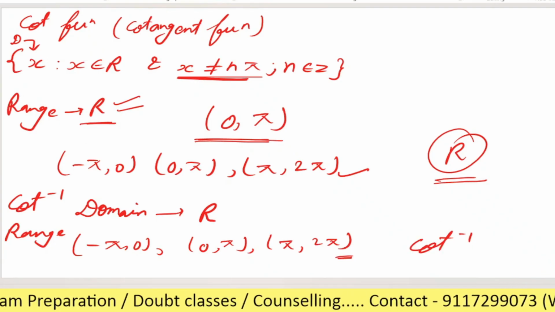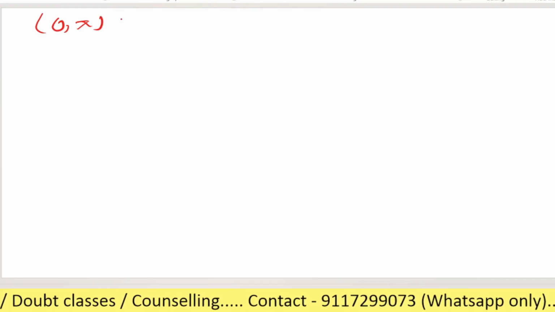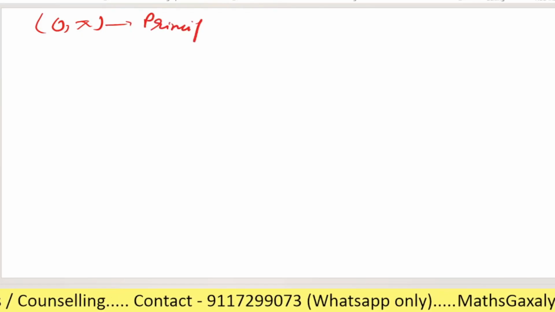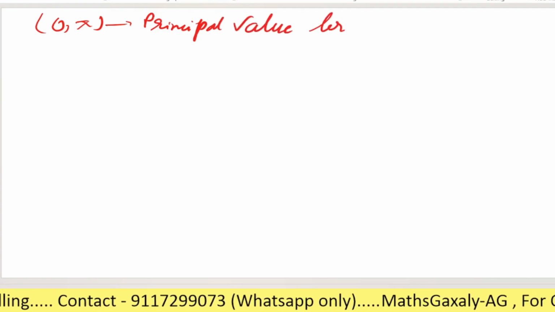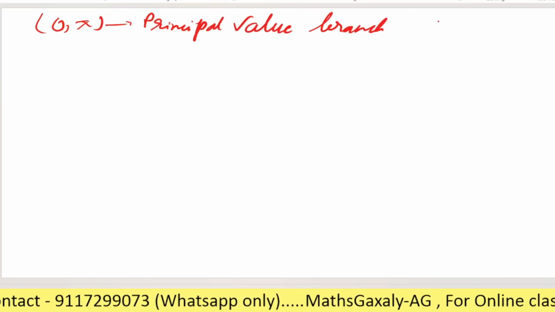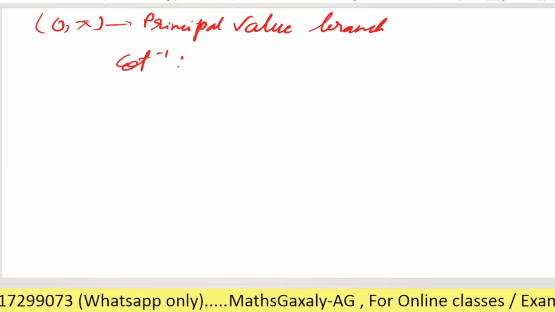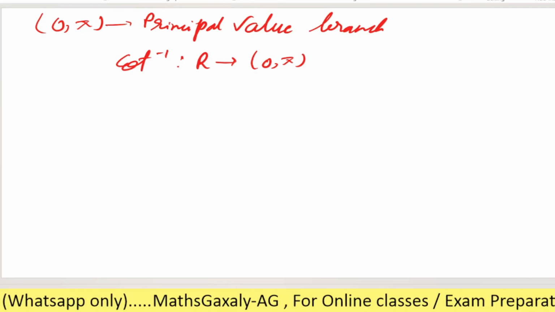The function with the range 0 to pi will be called the principal value branch of cot inverse function. So we can say that cot inverse will be R to 0 to pi.